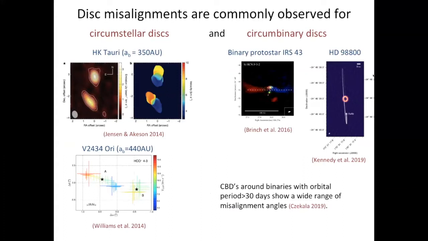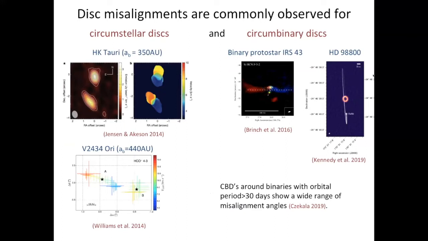Misalignments are also seen in circumbinary disks, meaning the disk that orbits around both components of a binary. And there's a couple of examples here on the right. First, there's the binary protostar IRS43. This has a circumbinary disk and circumstellar disks around each component.